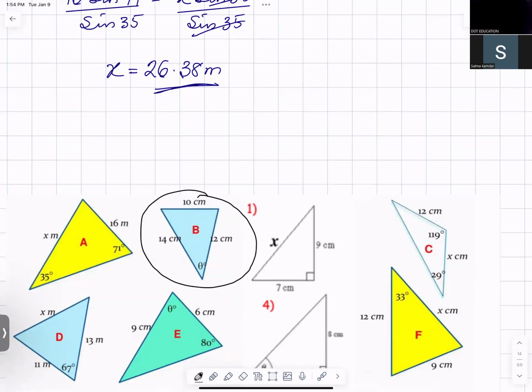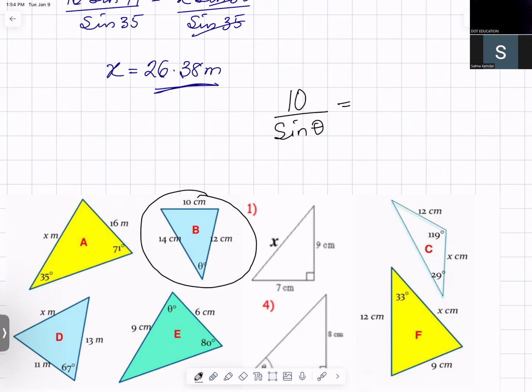So in this, what you do, you are having our opposite there is 10 divided by sine theta is equal to, what do we have? Do we have a matching opposite here? We don't have the matching opposite to this. Then you have 14 and you have 12. So the three sides of this triangle are given.